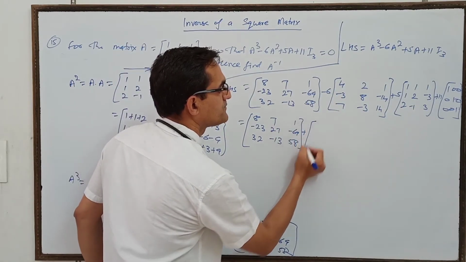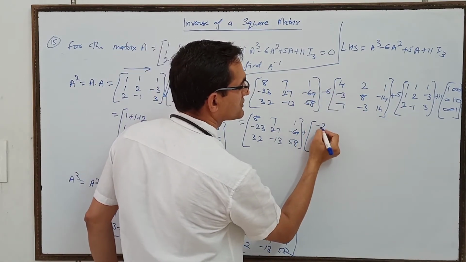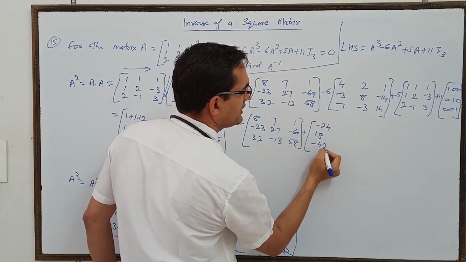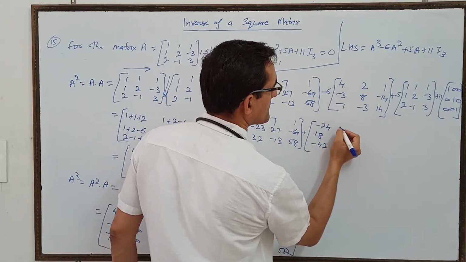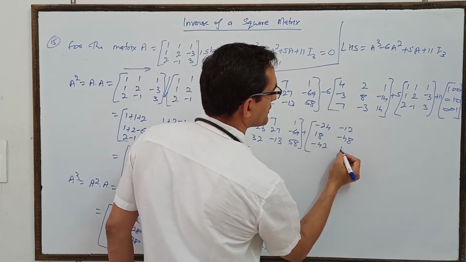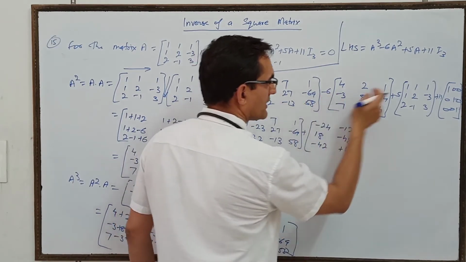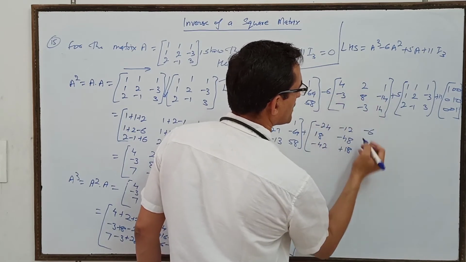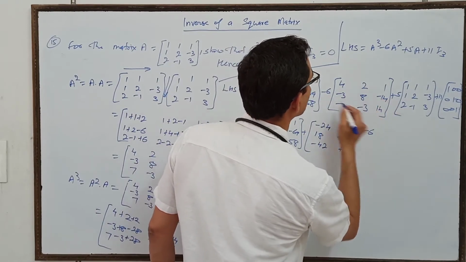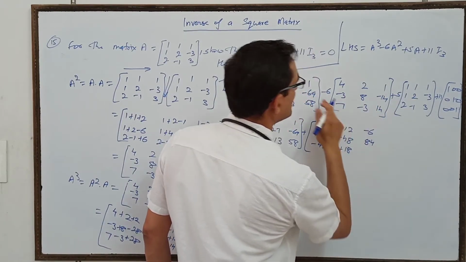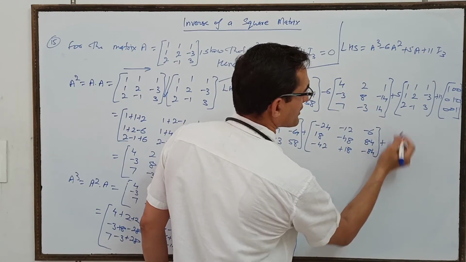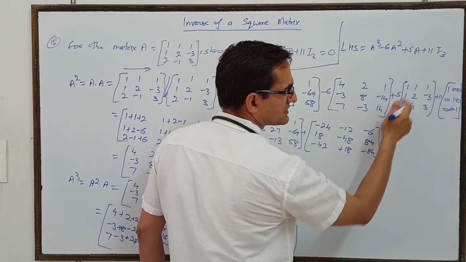So plus minus 6 times 4, minus 24, plus 18, and minus 40, minus 42, and minus 12, minus 8 6s are 48, and minus 6 3s are 18. Minus 6 into 1, minus 6, or plus 14 6s are 84, and minus 84, plus 5 into, multiply each number by 5.